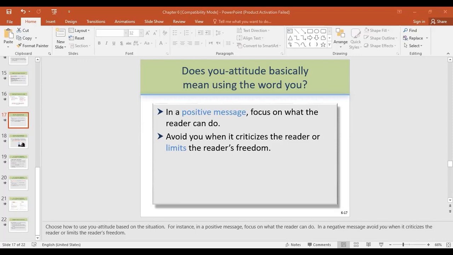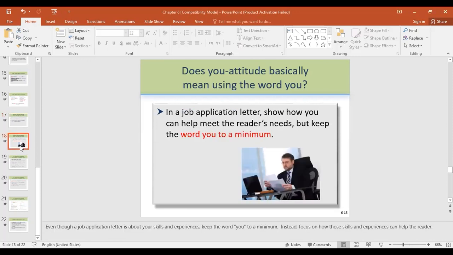For example, this sentence lacks you attitude because it focuses on what we are doing. Avoid using you when it criticizes the reader or limits the reader's freedom. Also, we continue this point in a job application letter.